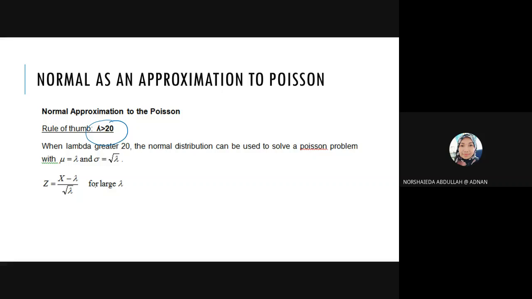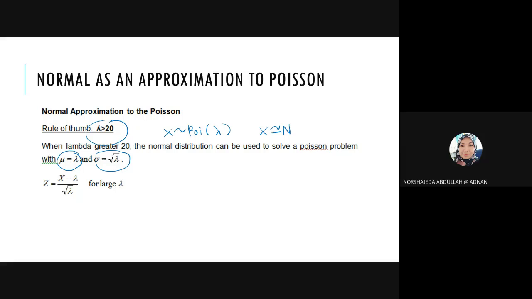Right, so to use normal distribution, we need the original distribution is Poisson. Poisson, we only have one parameter, that is lambda or the average. So to use the normal approximation, we need mean and variance. So for this case, mean equal to lambda and variance also equal to lambda.